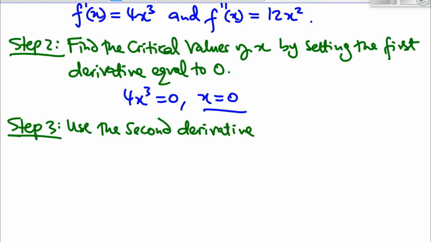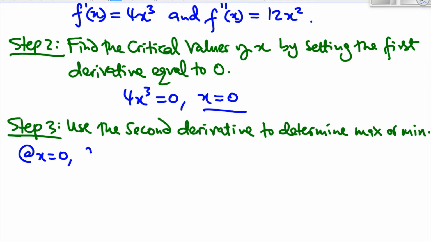Which means we are going to take our critical point and plug it into the second derivative, and of course if we plug that in, that will be 0. So the second derivative fails.